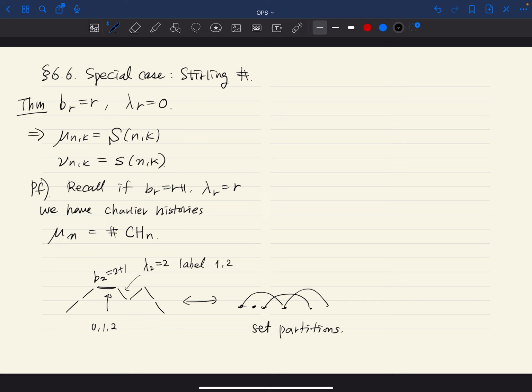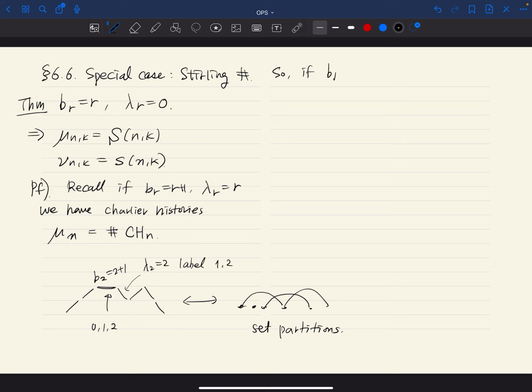But in our case, lambda equals 0, and this is r. But we can still think of this as a Charlier history, a truncated Charlier history. At the end, we just get rid of the part.